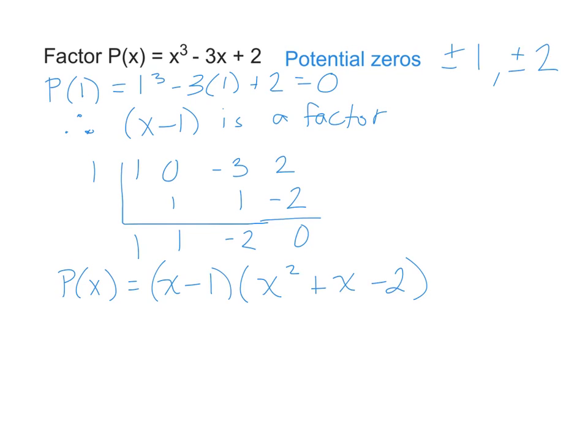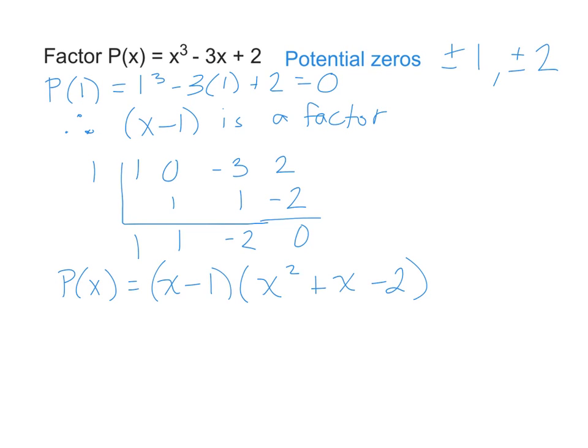If you did that synthetic division and got a remainder that was not 0, you'd know you had a mistake somewhere, right? Either you chose the wrong factor or you made a mistake with the synthetic division. So there are spots where you can check on your way through. If you do the synthetic division and you get a remainder, you need to go back and look at what you did. Don't just keep moving forward.